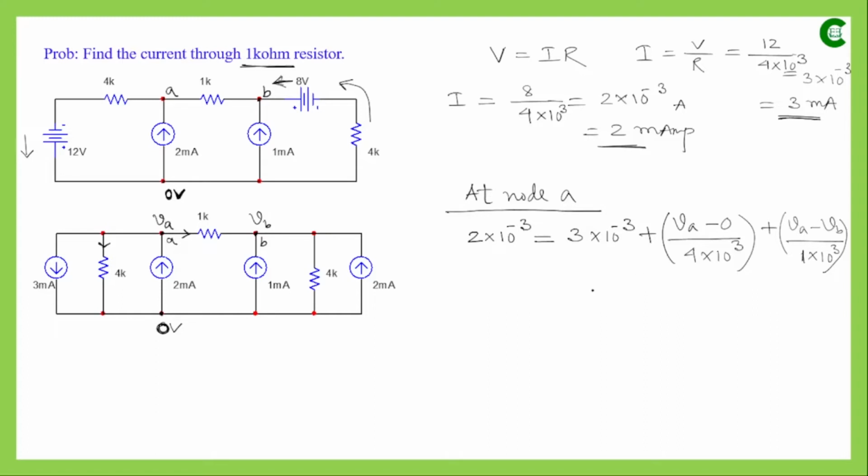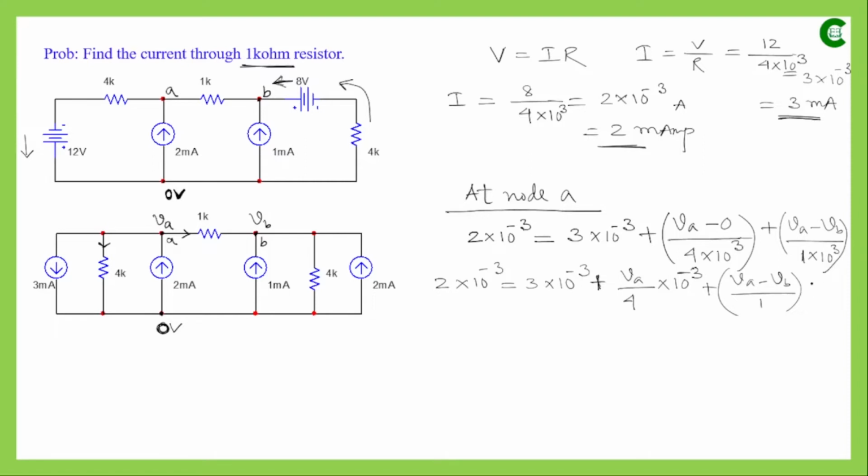Now if we rearrange, then we will get 2 into 10 to the power minus 3, and this will be 3 into 10 to the power minus 3, plus VA divided by 4, and we have in the denominator 10 to the power 3. If we take that to the numerator, then it will become 10 to the power minus 3. Then plus we have VA minus VB divided by 1, and again we have 10 to the power 3 in the denominator.